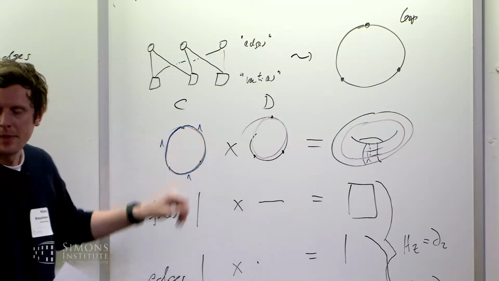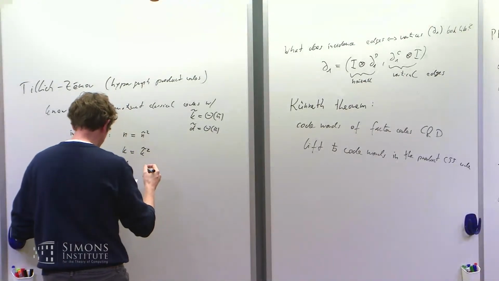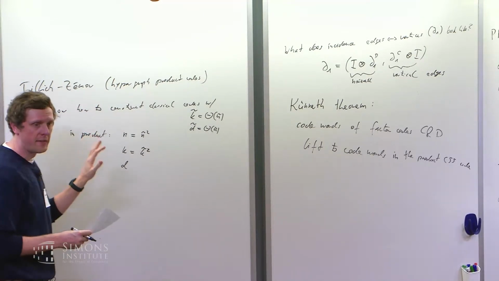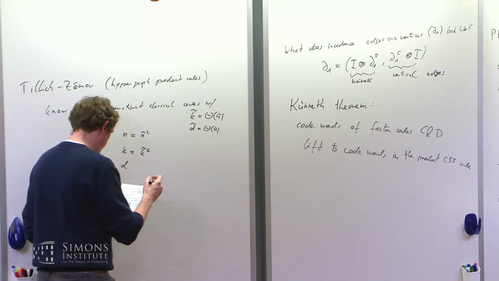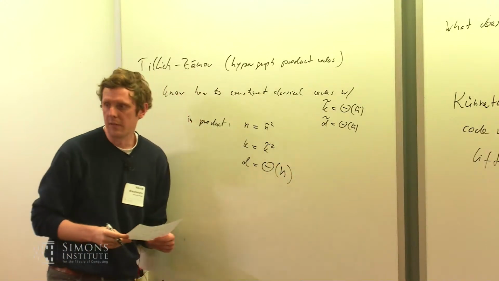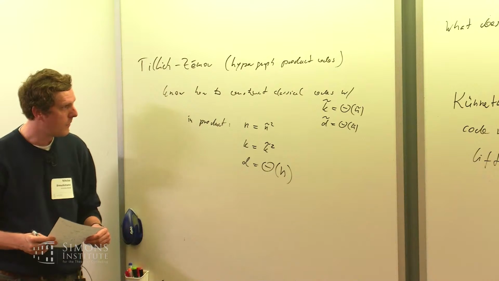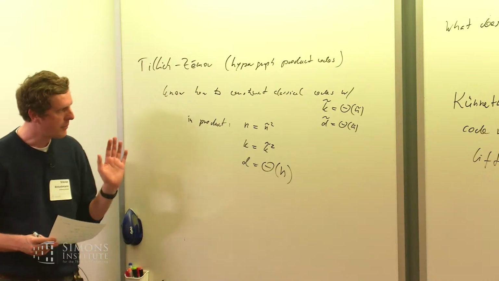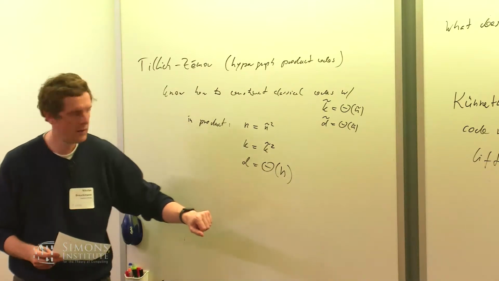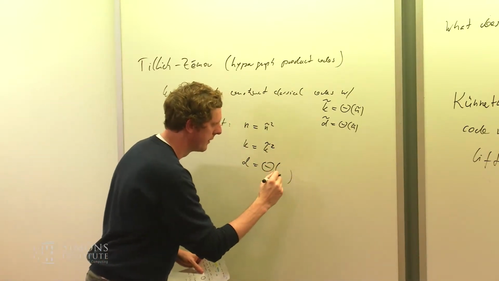So the distance at most will be square root of n, and what Tillich and Zémor proved is that it can be exactly square root of n. Sorry, not n, square root. Yes, thank you.